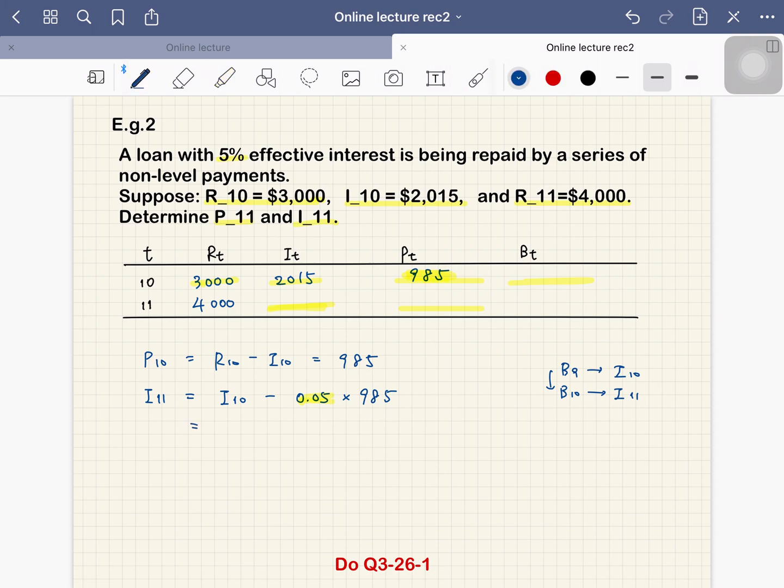So this is equal to 2015 minus 0.05 times 985, so 49.25. So this is 1965.75.